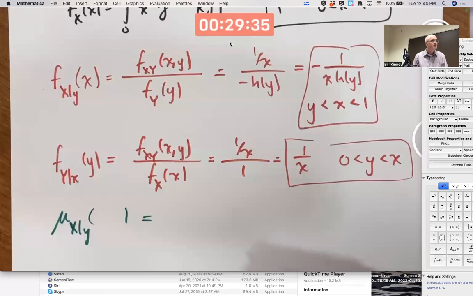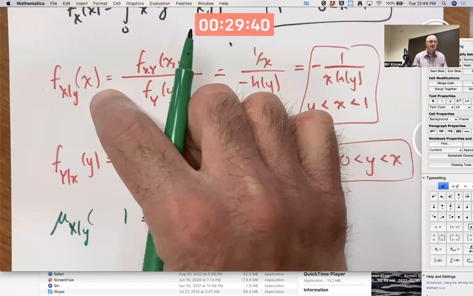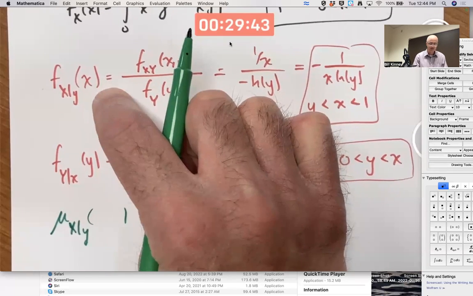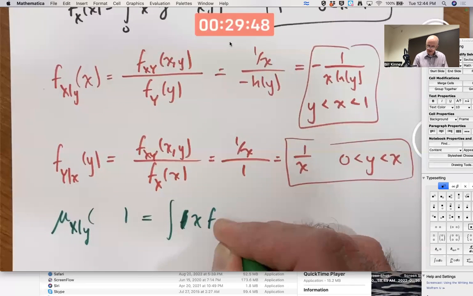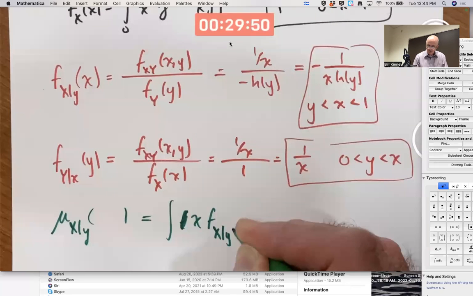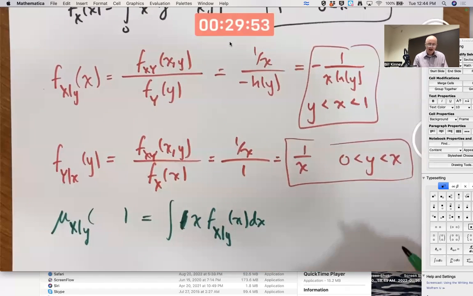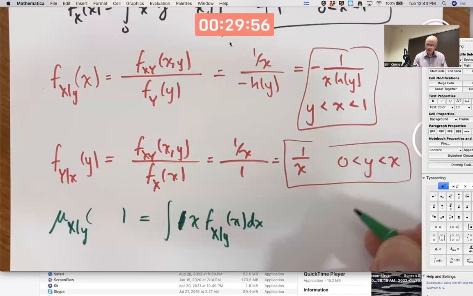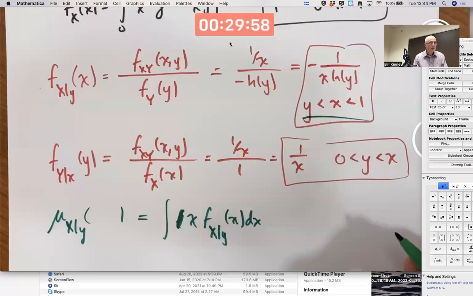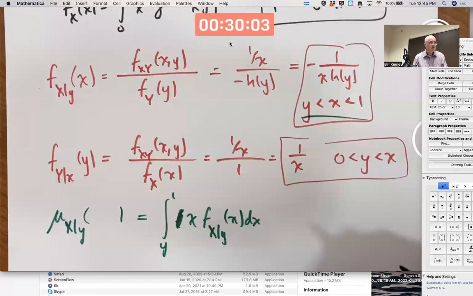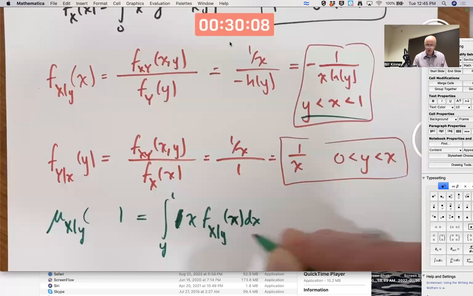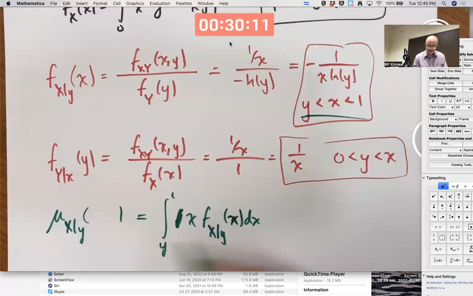To find it, I have to integrate that PDF times X, because the variable for this one is X. X times the conditional PDF of X given Y of X. How does X vary? From Y to 1 for any given Y. You're integrating out the X, the X is going to go away, but you're still going to have something that involves Y. This is a function of Y.